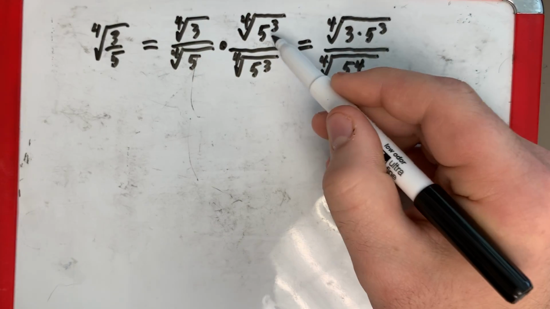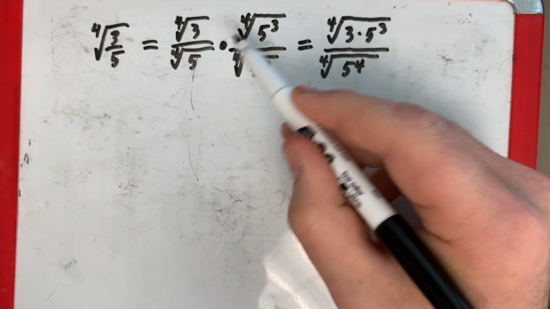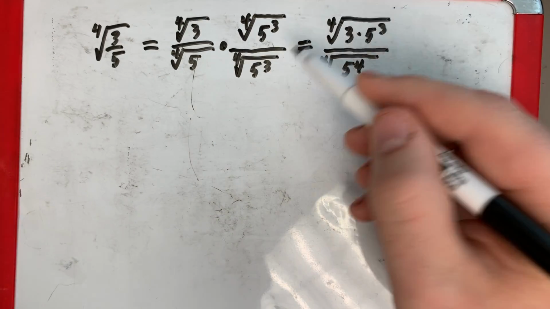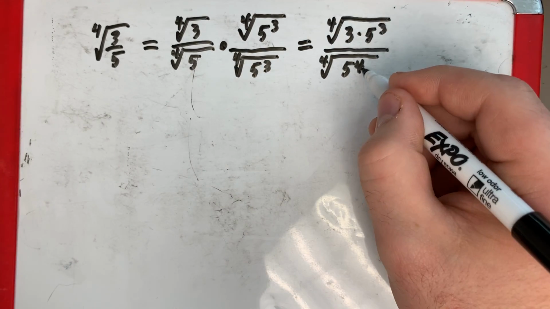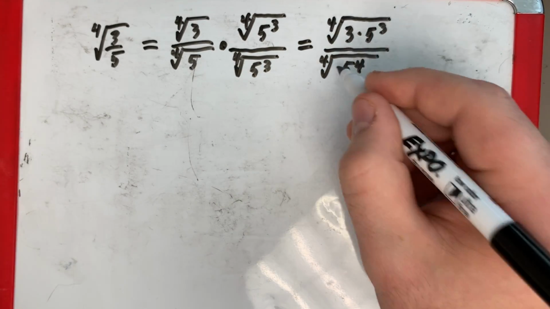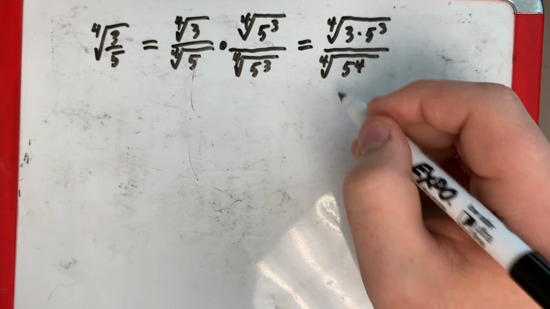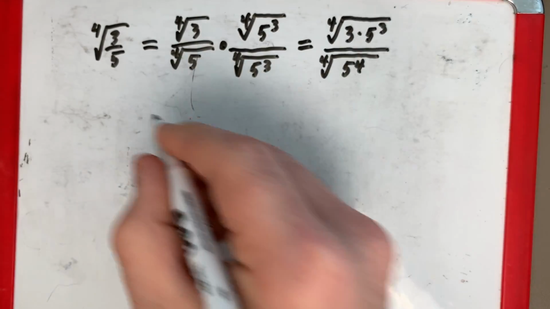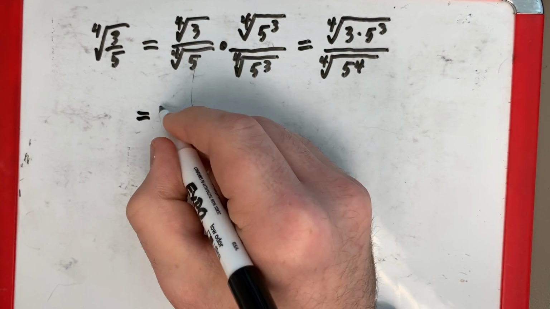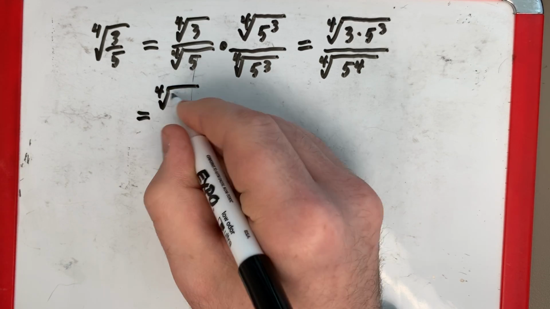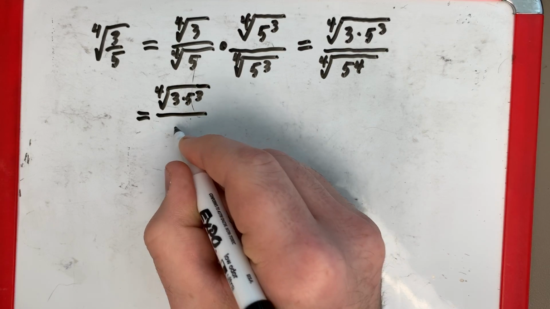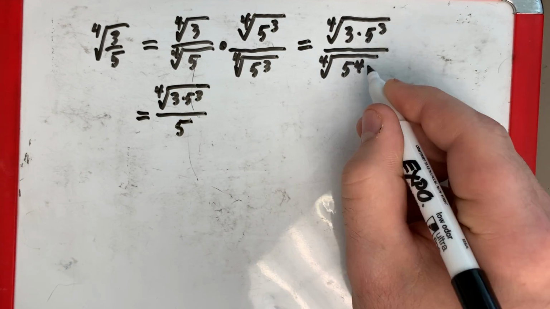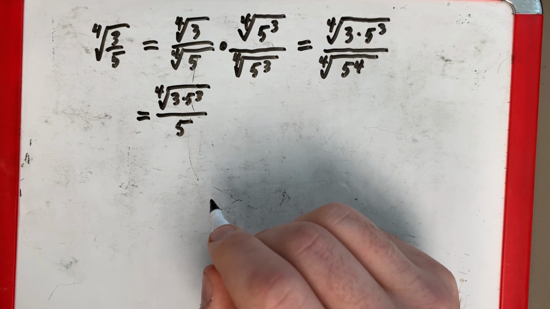That's why I used this cube here as opposed to using the original denominator, because I knew that once I do all of this multiplication, I get the exact power I need to cancel off this fourth root. So rewriting this, I'm going to have a fourth root of 3 times 5 cubed all over just 5, because the fourth root cancels the power of 4.